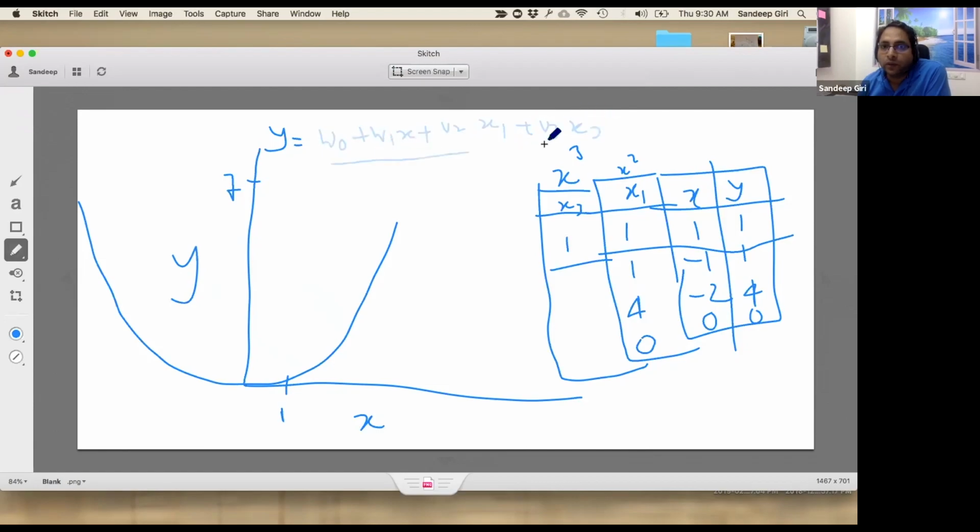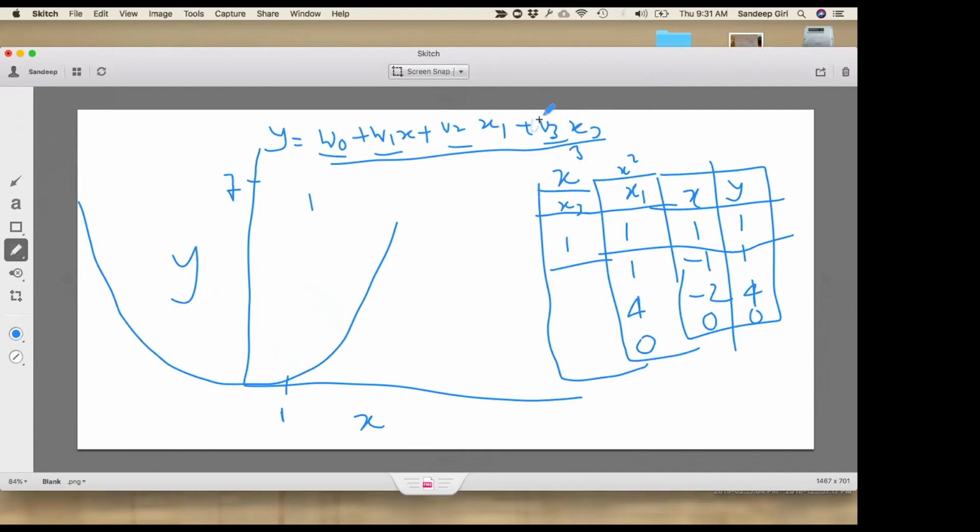Now, when we are trying to find this plane, it is not a line, it is a hyperplane. This hyperplane has some slope in one dimension, some slope in another, some slope in another, and this is how far it is from the center. Got it?